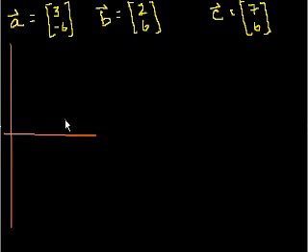Let me draw each of these vectors. So first I'll do vector A. That's 3 comma negative 6. So 1, 2, 3, and then negative 6: 1, 2, 3, 4, 5, 6. So it's there.